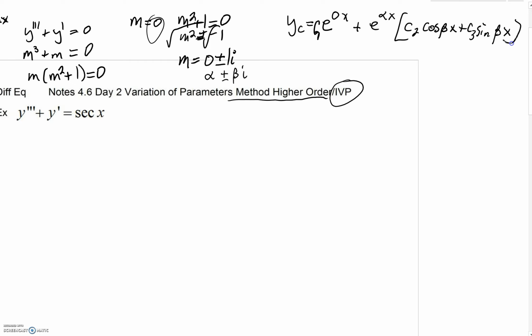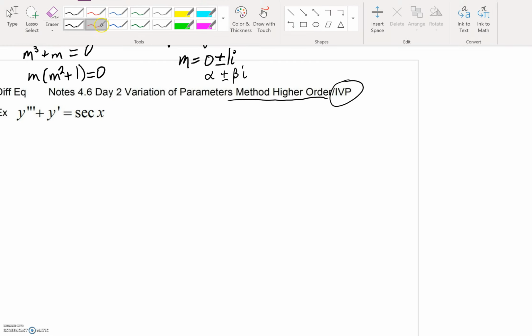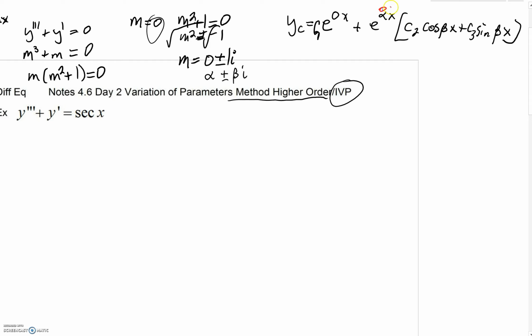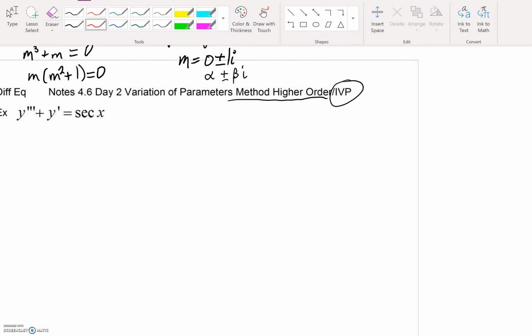Hopefully you can see very quickly that because alpha is equal to 0, this is going to work out pretty nicely. e to the 0x just becomes a 1, so you're going to be able to answer very fast.